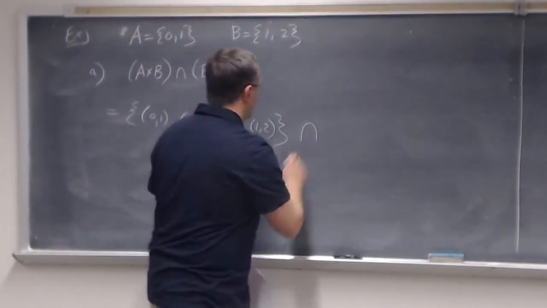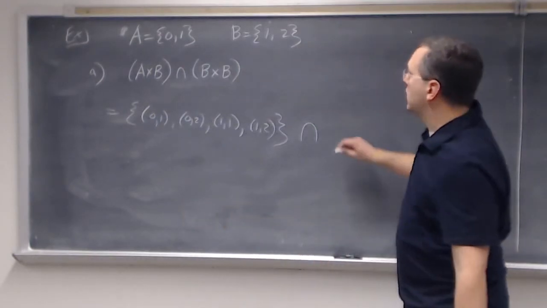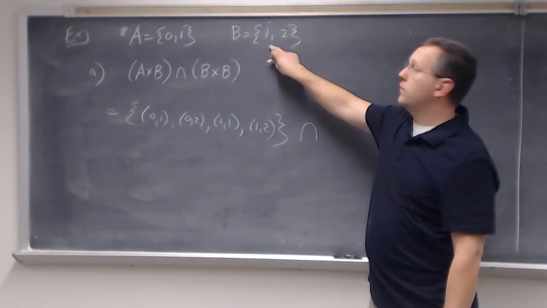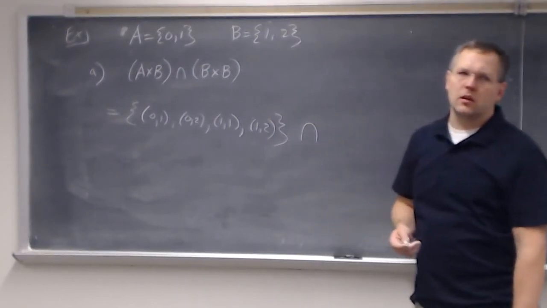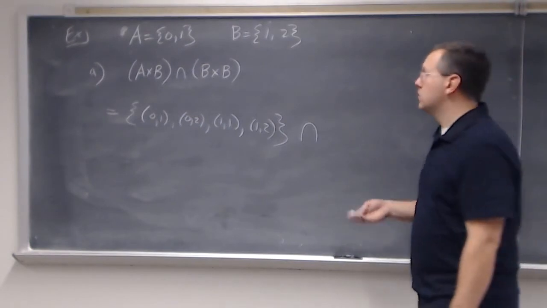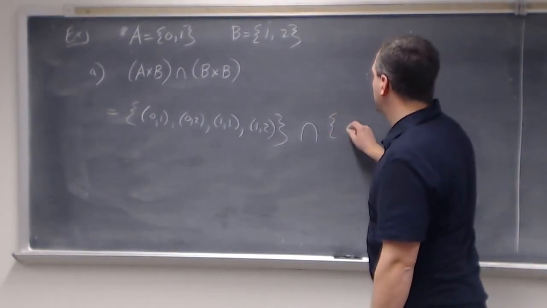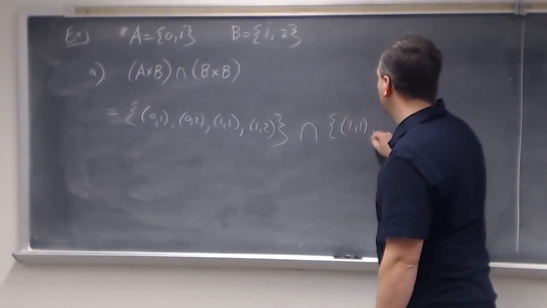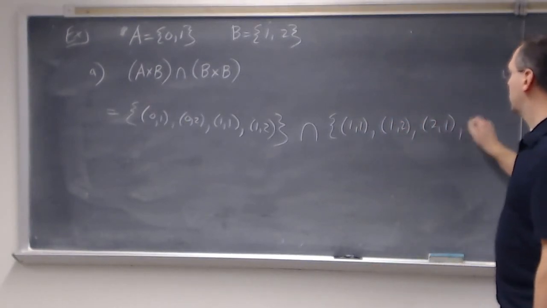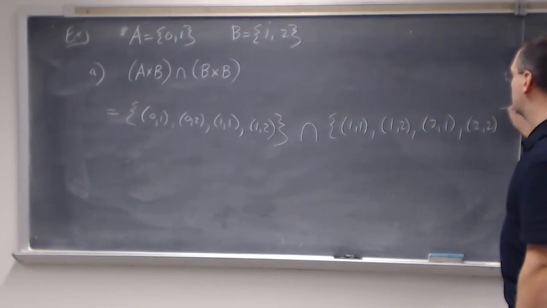Now when I take the intersection of that set with B cross B, these are ordered pairs where the first and second coordinates come from B. How many elements are going to be in B cross B? 4 as well. So 2 times 2. They're going to look like (1,1), (1,2), (2,1), and (2,2).